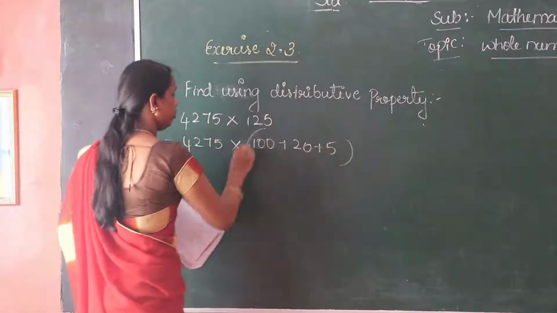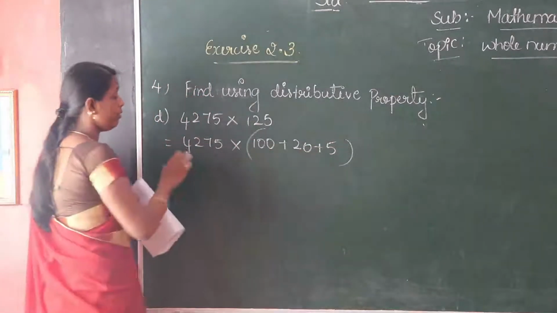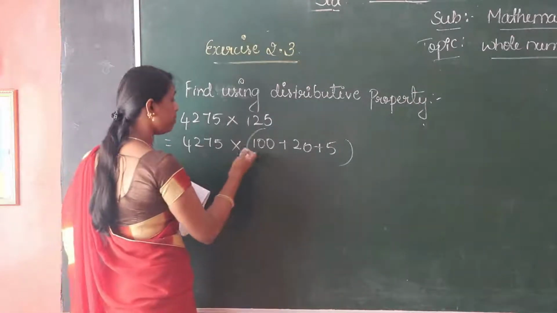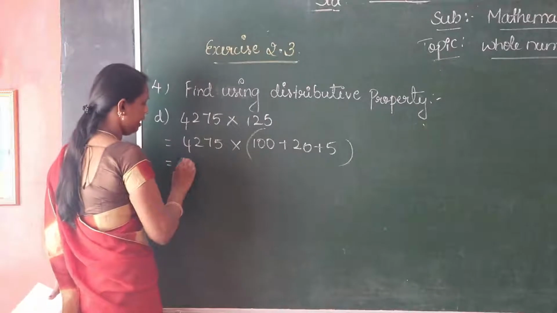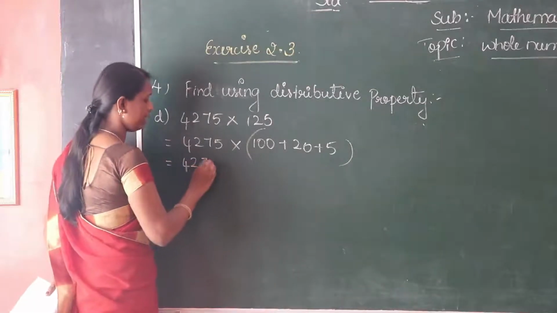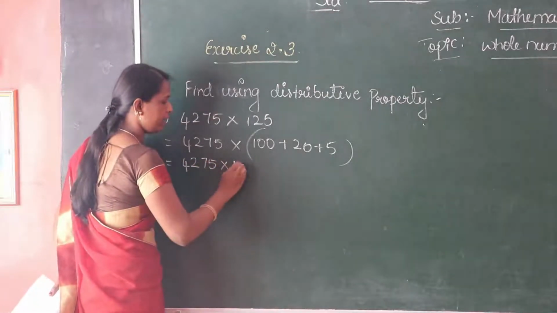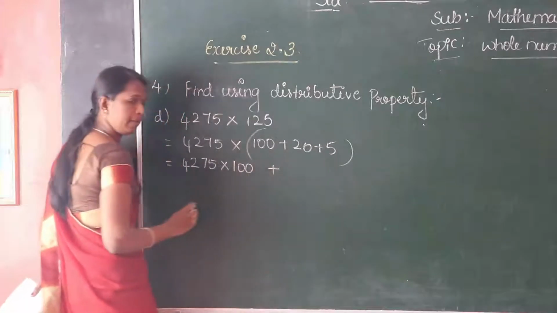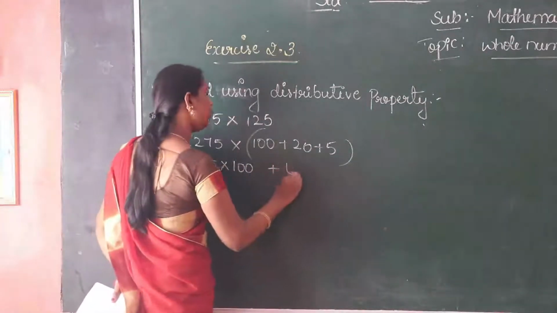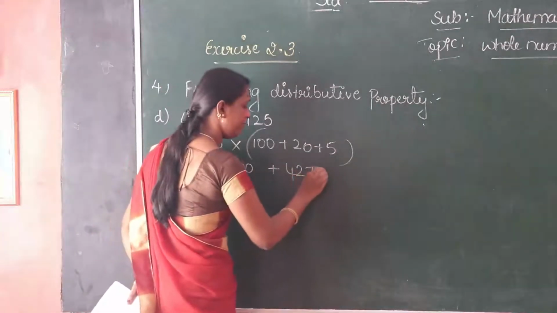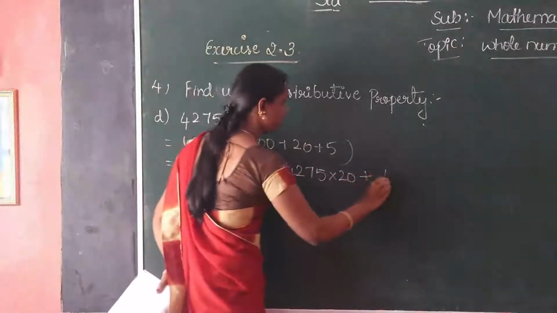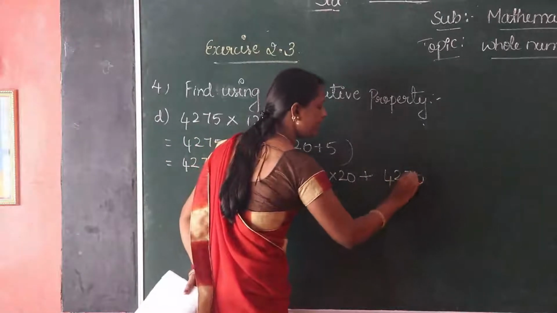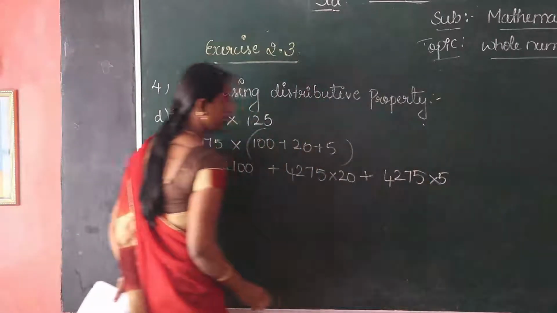So multiply 4275 for these three numbers. Write down neatly: 4275 into 100, leave some space, plus 4275 into 20 plus 4275 into 5. Okay, children?